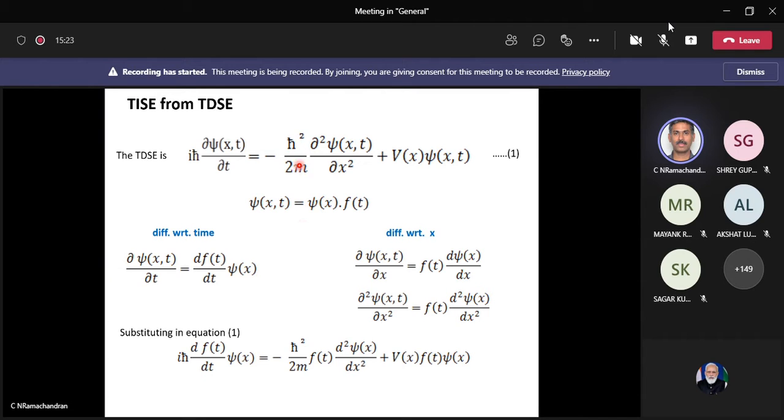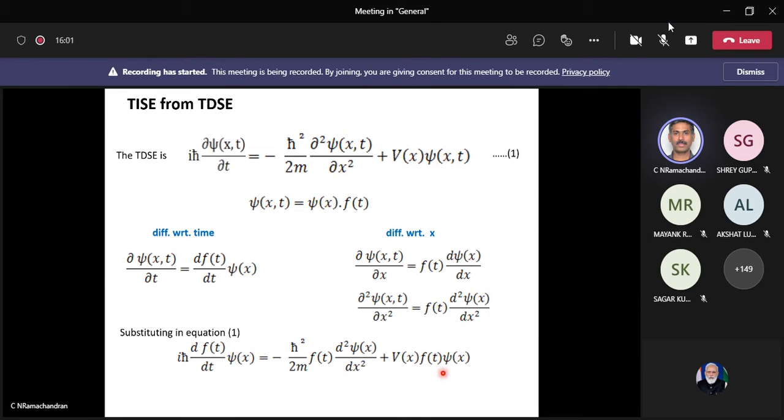Minus h cross square by 2m is a constant, and f of t is also coming, so minus h cross square by 2m f of t times d square by dx square of psi of x, plus V of x times psi of x,t, which I write as f of t into psi of x. Here V of x is a general potential energy term. I am not considering its time dependency or independency, I am just taking that potential as such. So V of x, again with psi of x.